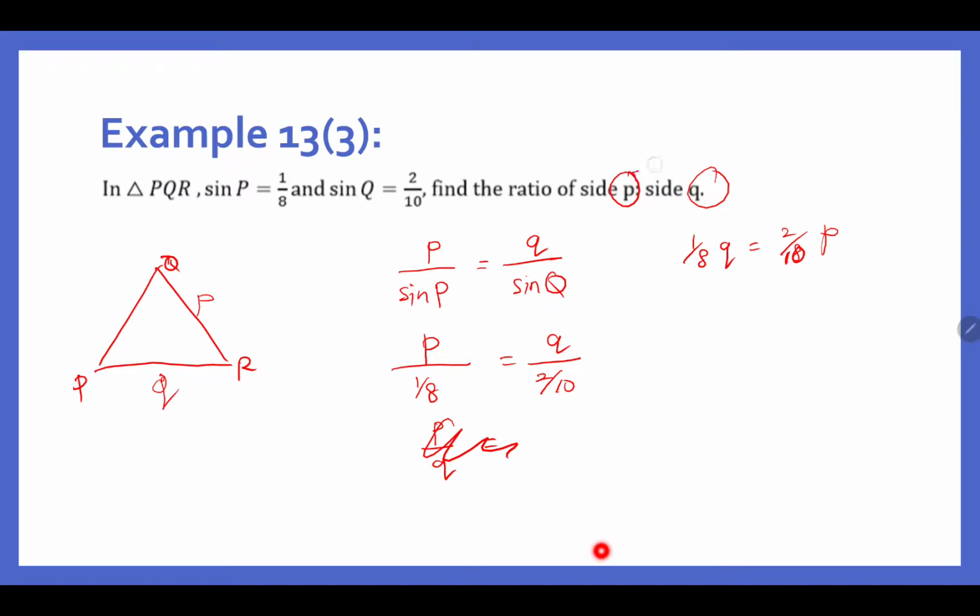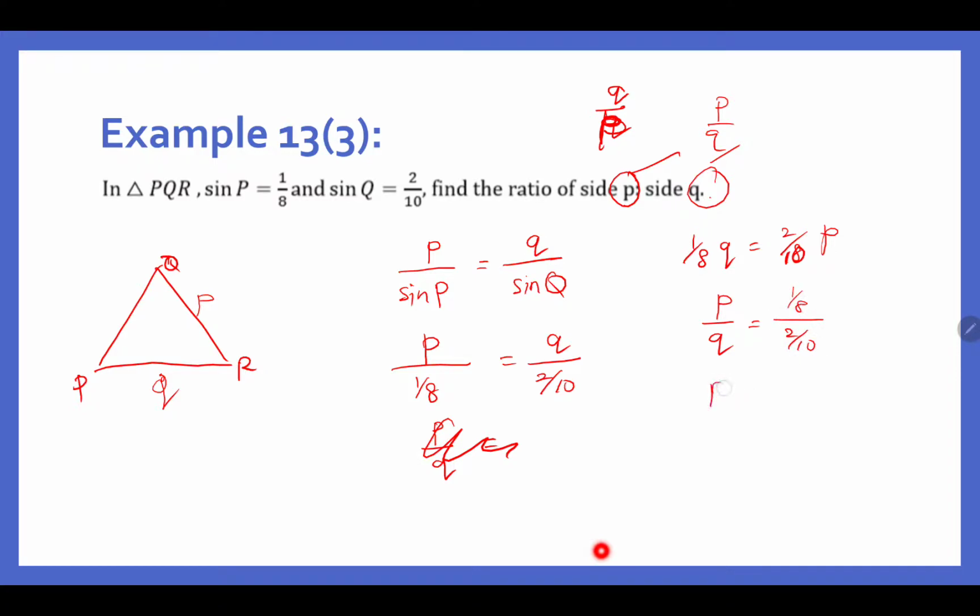Okay, kita nak ratio side p to side q. So kita kena cari p over q. Kalau dia nak ratio of side q with side p, barulah kita cari q over p. Tapi sekarang ni dia nak ratio of side p to side q. So p dekat atas, q kat bawah. So kita kena buat p over q. So akan jadi 1 over 8 over 2 over 10 lah.